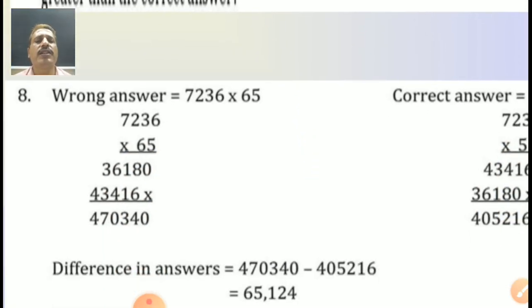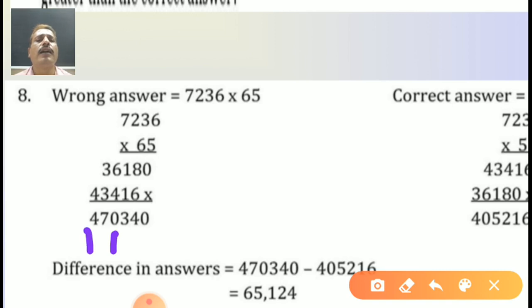So students, here is the multiplication of 7,236 multiplied by 65. Answer is 4,70,340.